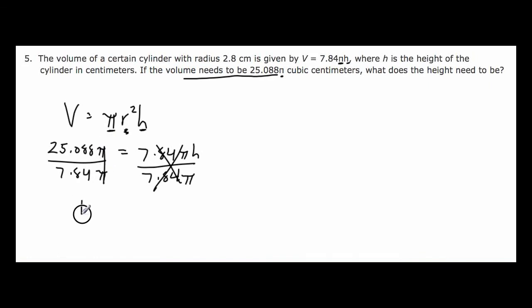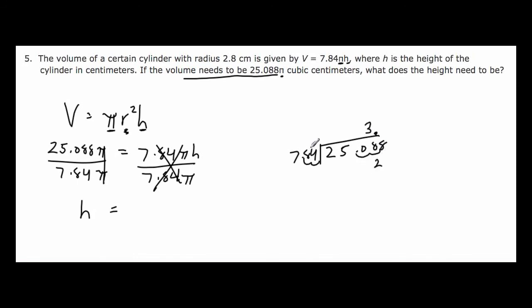So what we're really left with is h equals 25.088 divided by 7.84. I'm going to move the decimal over 2 places on each number and bring it up, and then I can do this long division. 784 goes into 2,508 about 3 times.